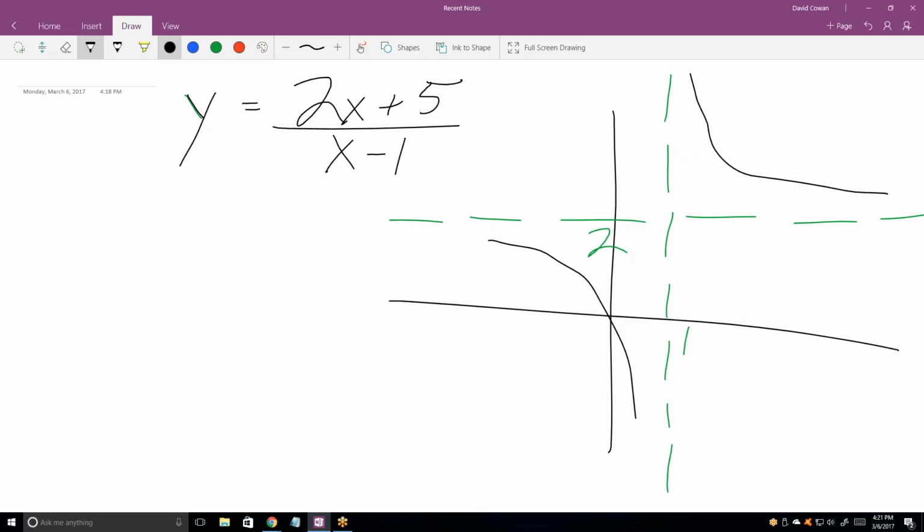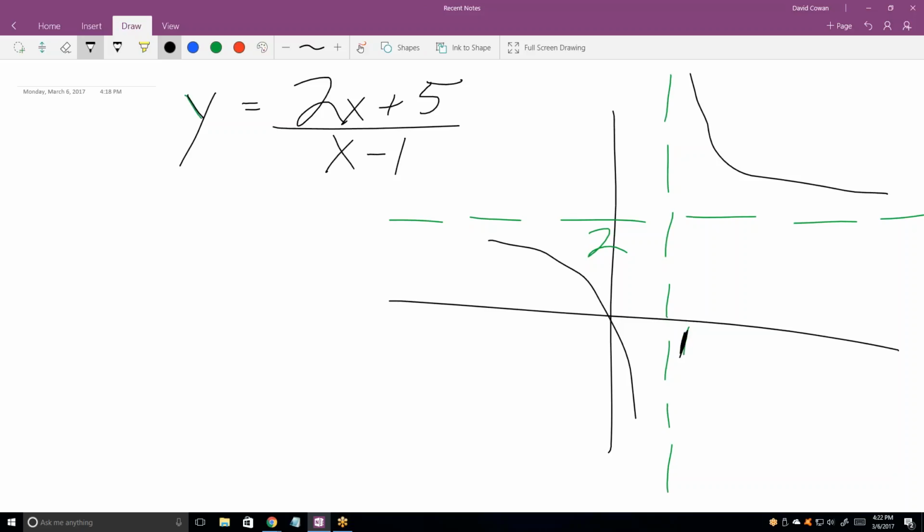How can we tell? In other words, what is one very easy way to tell whether I've drawn it correctly? Is it to plug in a point? Which point? I don't know. How about any value of x that's to the right of our vertical asymptote?